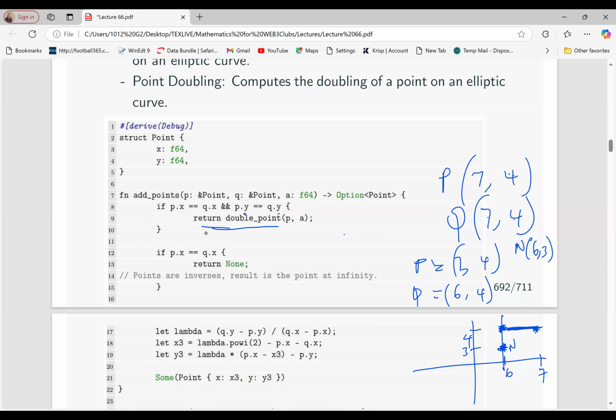The sum of these, when they lie on the same vertical line, is infinity. But this one, where the points lie on the same horizontal line, you can add using the formula we just talked about. These are two different points you can add using that formula.